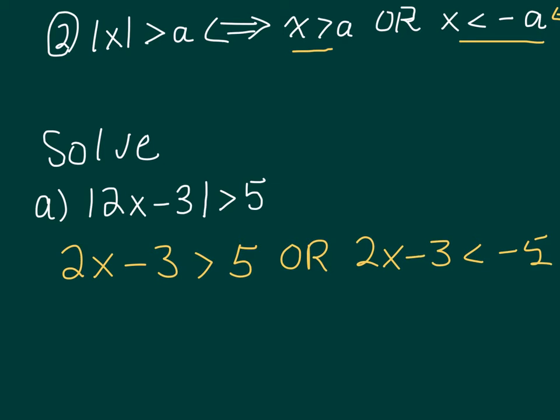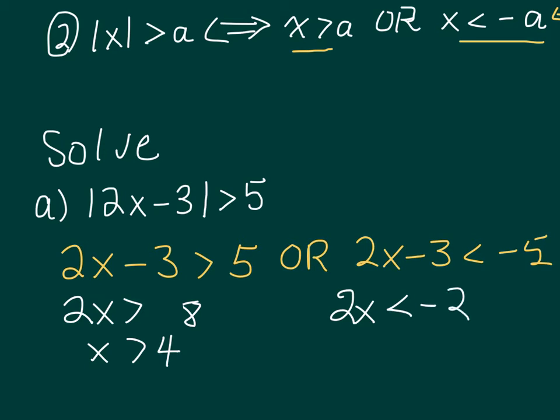So for the first one, we get 2x is greater than 8, or x is greater than 8 divided by 2, which is 4. So that's the first inequality. And the second one, we get 2x is less than minus 2, or x is less than minus 1.